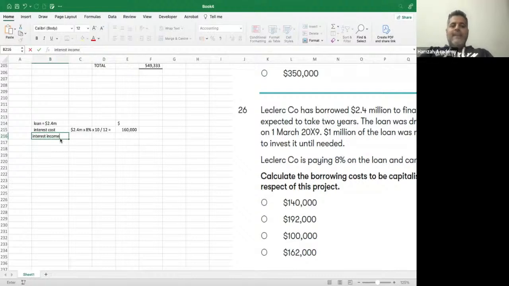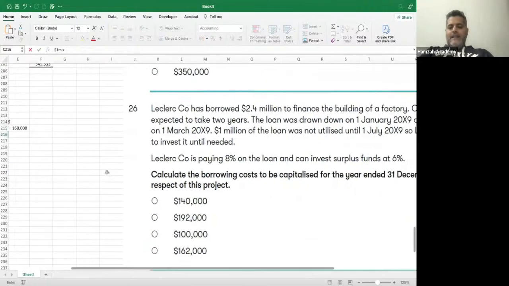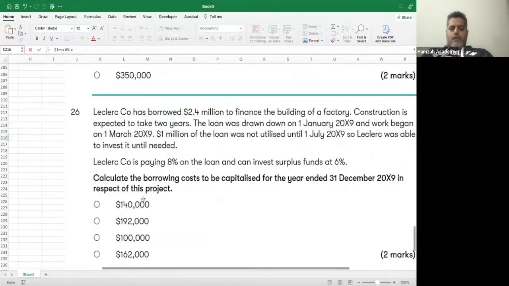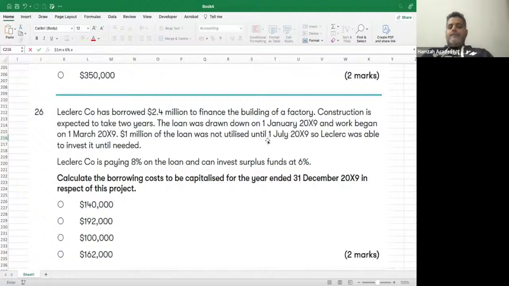Then interest income, 1 million. You can invest the surplus funds at 6% for how much time? The loan was not utilized until 1st July, so it was reinvested till that time. And the work began on 1st March.